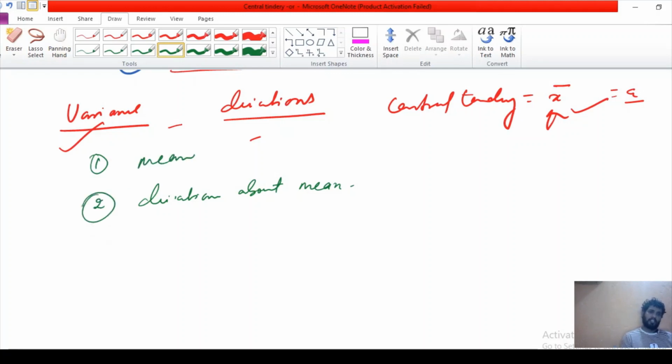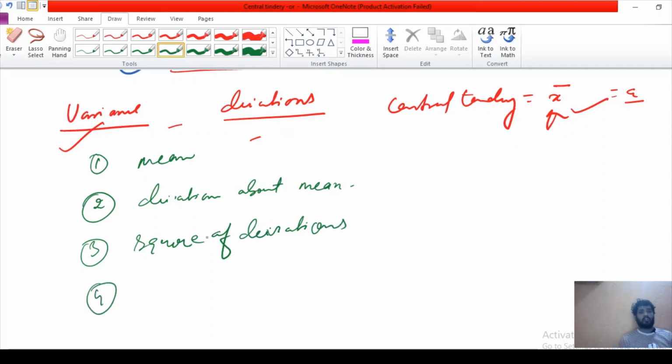Second one is deviations about mean. Third one is square of deviations, right? And square of each deviation, right?